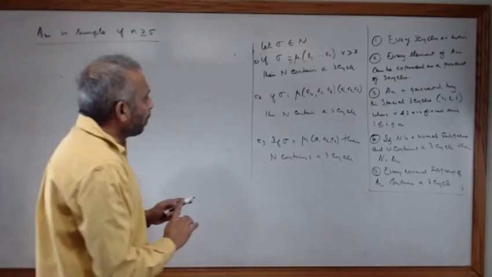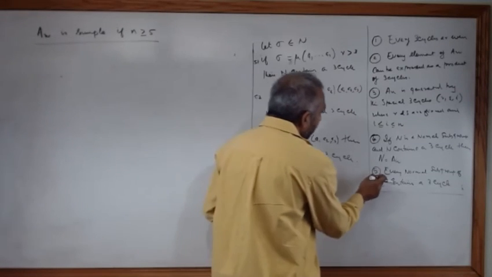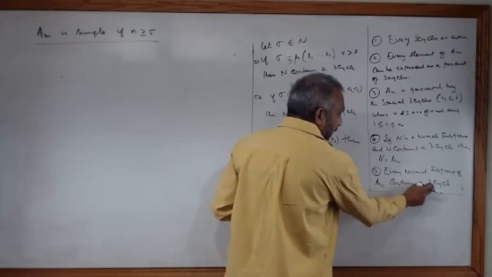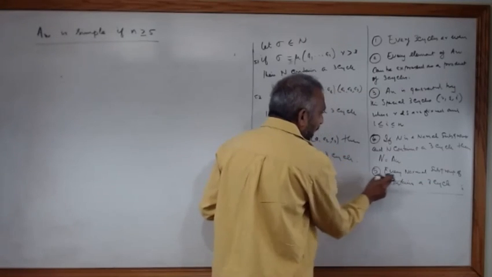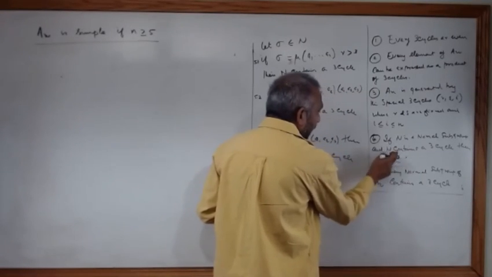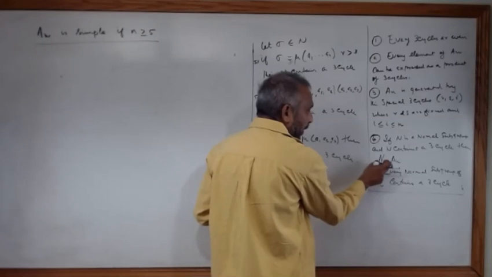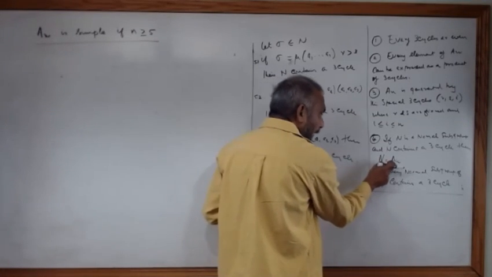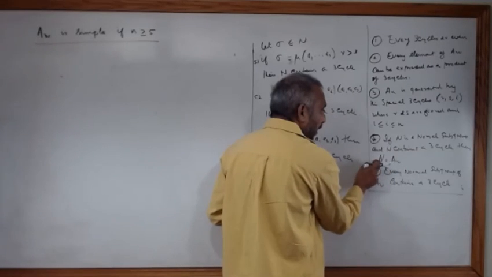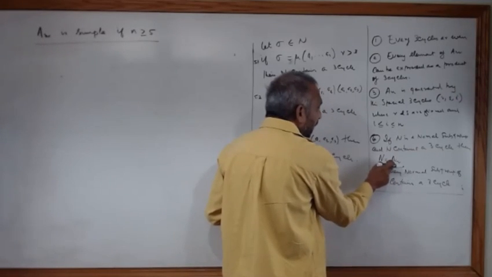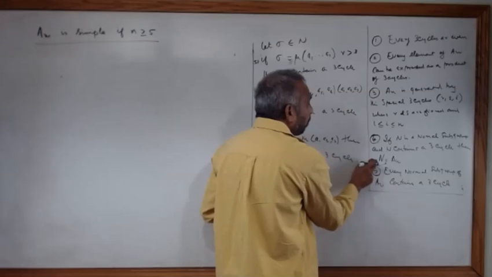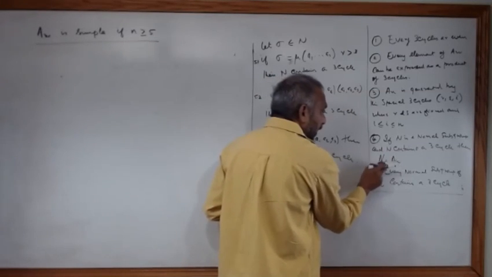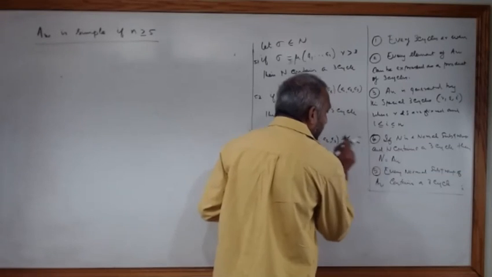So what we have proved is every normal subgroup of A_n contains a 3 cycle. And if that subgroup contains a 3 cycle, N is equal to A_n. So a proper normal subgroup of A_n cannot exist, because it would contain a 3 cycle, and that means A_n is simple.